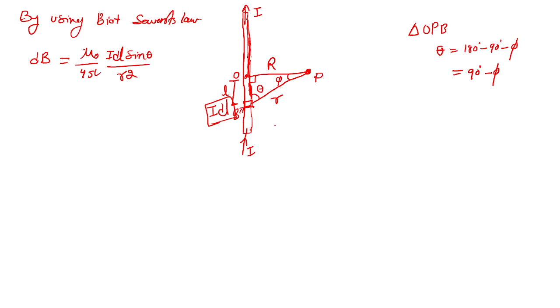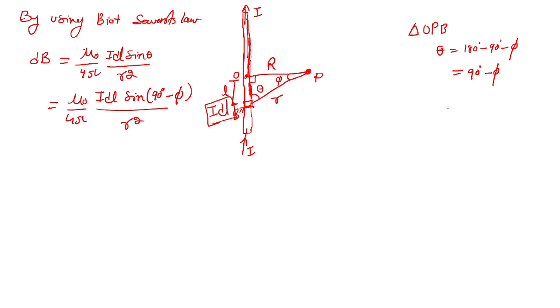Here r square is the distance between the current carrying element and the point where we are going to calculate the magnetic field. Now replacing the value of theta that we got from this triangle, this is mu naught over 4 pi, IDL sine of 90 degrees minus phi over r square.